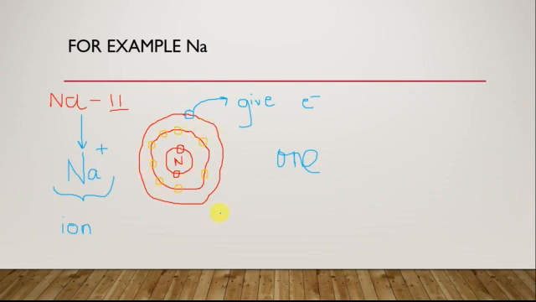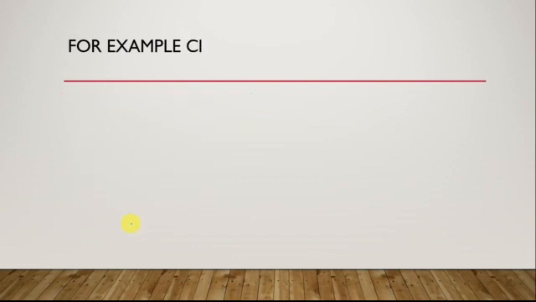Octet means 8 electrons must be present in the outermost shell. So once sodium gives away this electron, how many electrons are present in the outermost shell? 8. And this is how sodium becomes stable. So this was for sodium. Let us take one more example for better clarity.